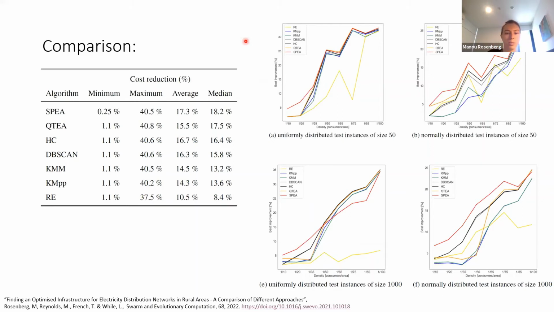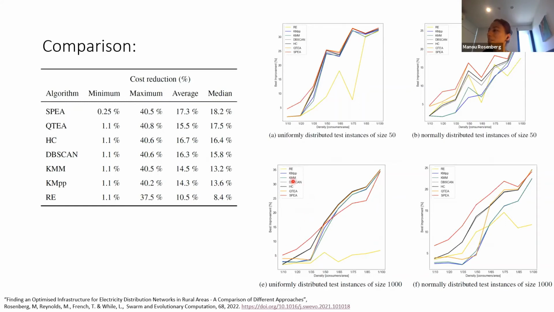We've also run some statistical tests on that, to be precise the Wilcoxon signed-rank test, and found that the evolutionary algorithm outperforms the other ones on most problem instances, but not always the same one.